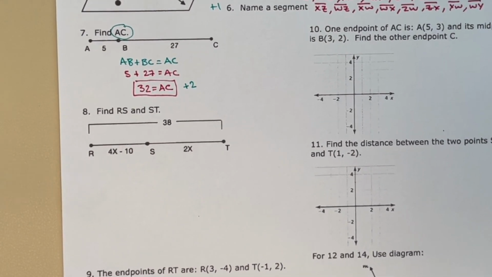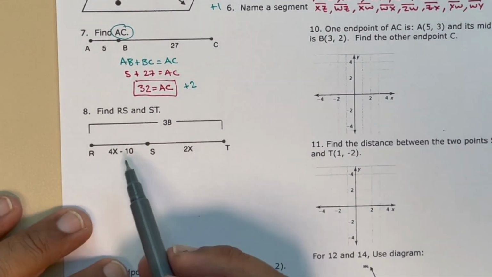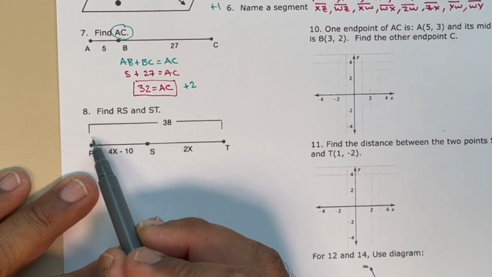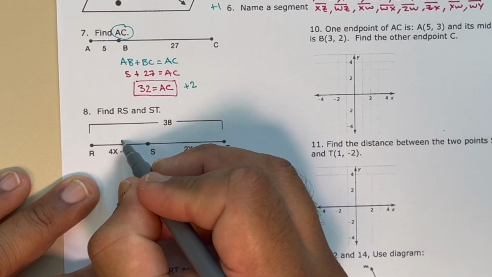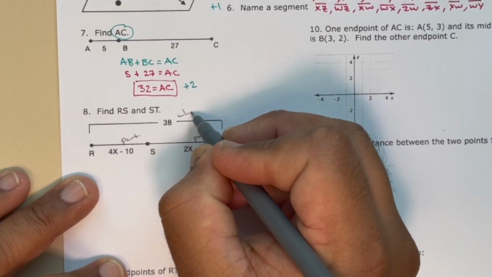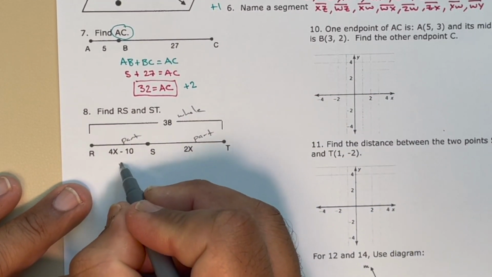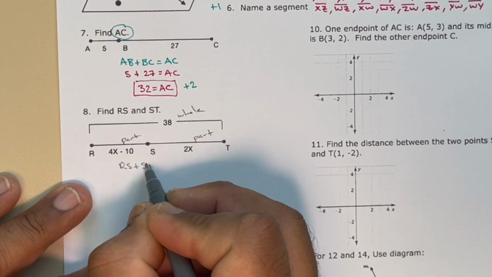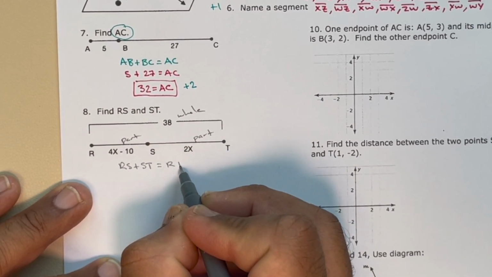The next question is using the same idea, using segment addition. Part plus the part equals the whole. So that's RS plus ST equals RT.